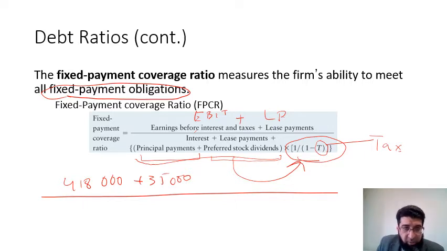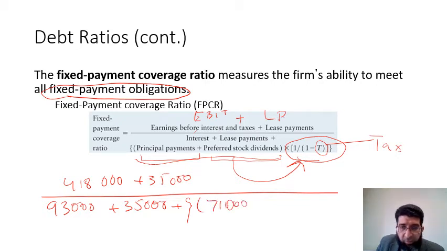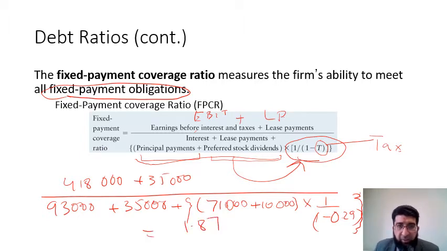Then we have 93,000 plus 35,000 plus, and this we are going to multiply, so I'm putting brackets, 71,000 plus 10,000, and then we multiply by 1 over 1 minus 0.29, the tax, and then close the brackets. It comes out to be 1.87. The higher the better.